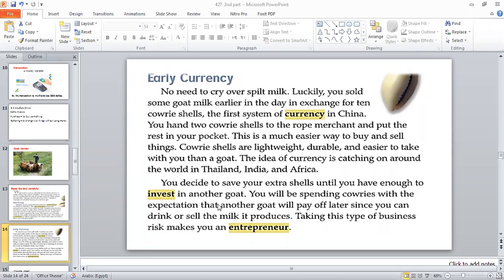You will be spending shells with the expectation that another goat will pay off later, since you can drink or sell the milk it produces. Taking this type of business risk makes you an entrepreneur.